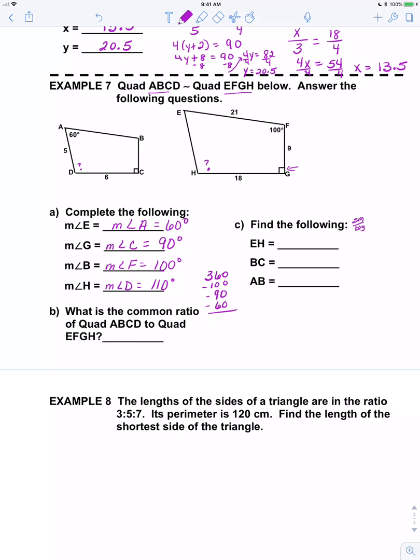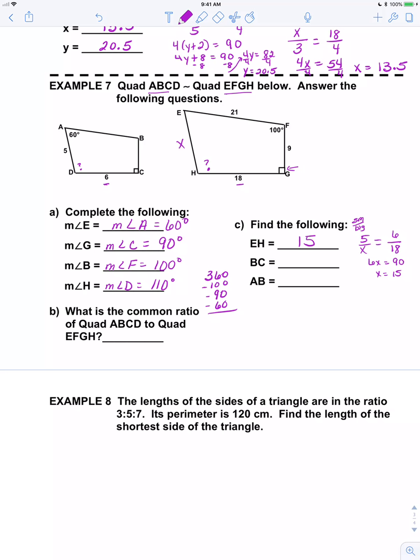Okay, so we're saying 5 is to something we don't know, as the ones that we do know, 6 and 18. Okay, cross multiply. 6x is equal to 18 times 5, which is 90. Divide by 6. So x is 15.